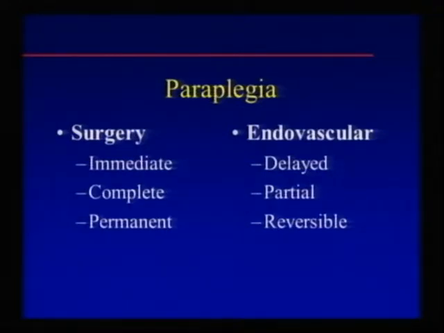And the characteristic picture is of complete, immediate and permanent deficit. In endovascular repair, the patients tend not to wake up paraplegic. They tend to develop it relatively early as the type 2 endoleaks resolve. And very often the pattern of deficit is partial, and very often it is reversible.